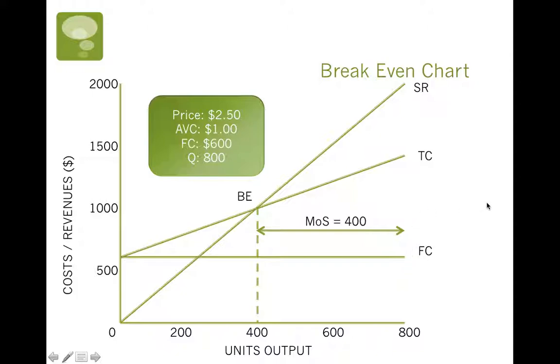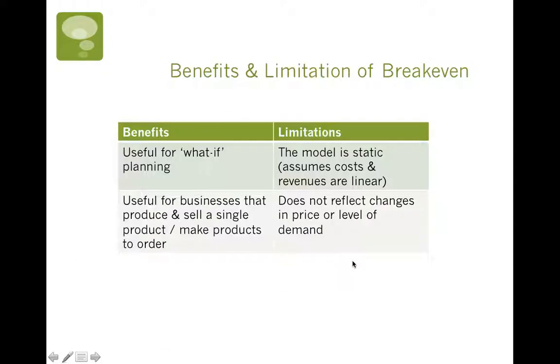My factory might have to get bigger, or I might have to open a new factory. That is going to increase my rent and or increase my electricity bills and insurances. So actually, at certain stages, at certain thresholds of output, my fixed costs will change. So it isn't true to suggest that these costs are linear. However, the break-even chart assumes that they are linear. So this is a disadvantage of it. It's one of the things that makes it slightly inaccurate.